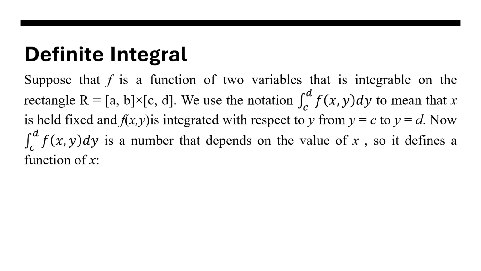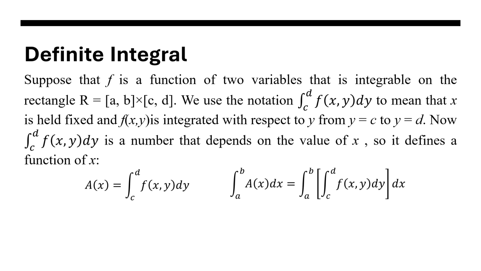So it defines the function of x as a of x is equal to the definite integral of f of x y dy from c to d. Now, if we integrate the function a with respect to x from a to b, we get this one.